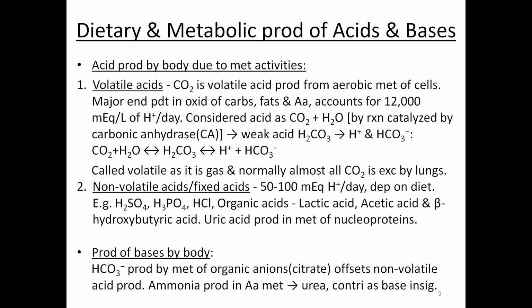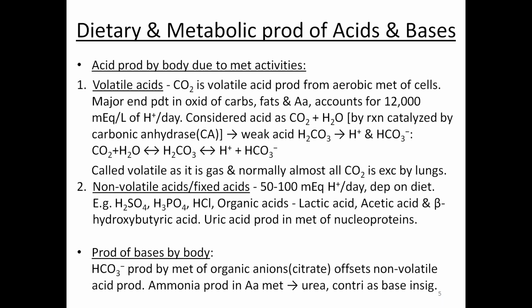Why is it called volatile? Because it's a gas, okay? And under normal circumstances, almost all the carbon dioxide is excreted by lungs. Now let's go on to non-volatile acids, also called fixed acids. They contribute to about 50 to 100 milliequivalent of hydrogen ions per day, and that depends on the diet.